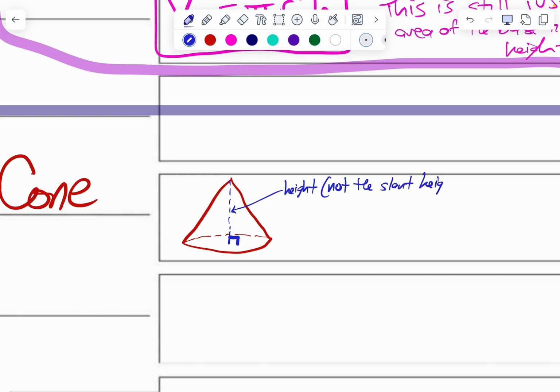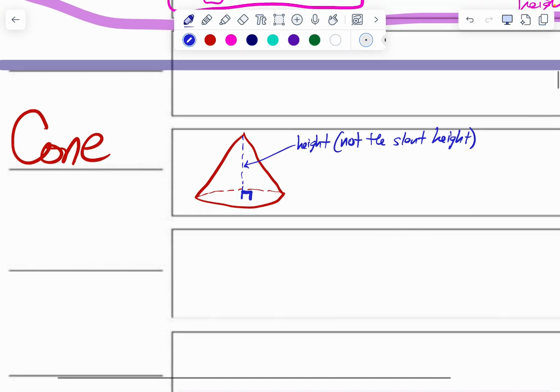You might come across that word slant height. It's not that we're talking about. Okay, with that said, what other measurement do we know about a cone? Like, think of picking up a Hershey's Kiss. You could measure the height, but what else could you measure? Yeah, the diameter, right?